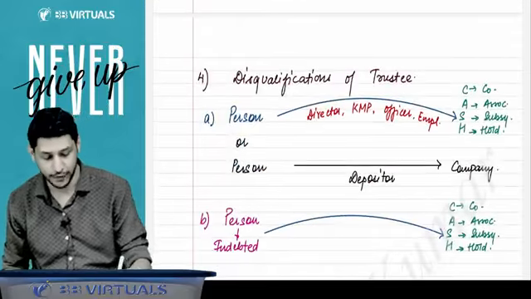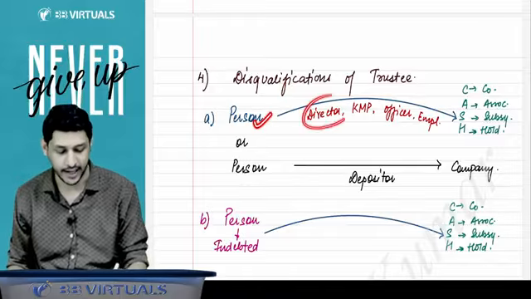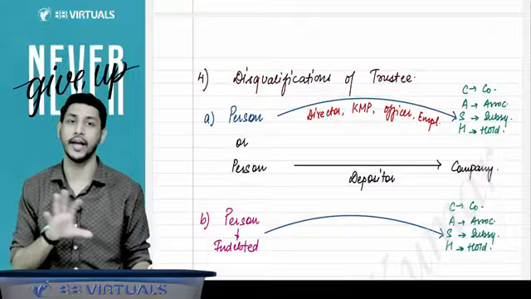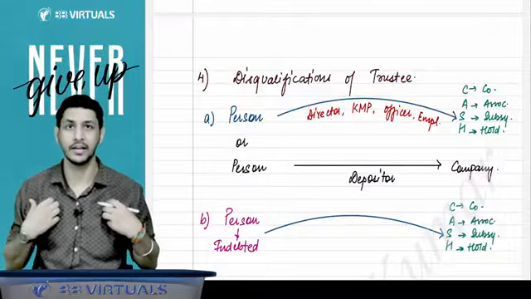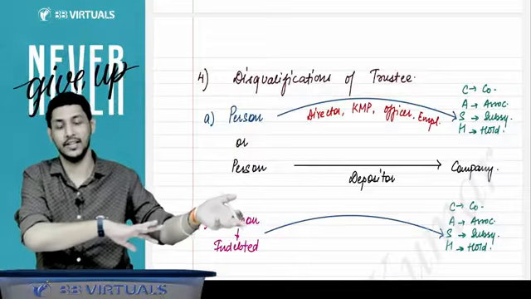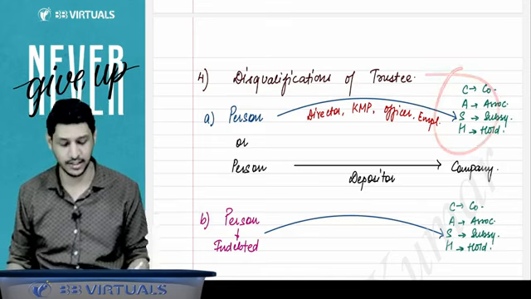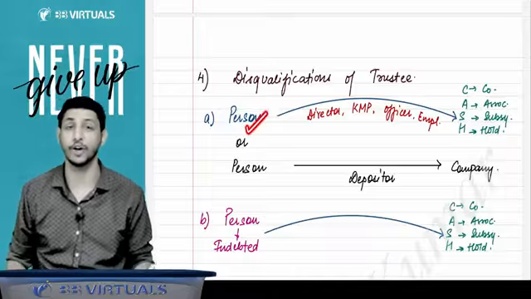Now, what are the disqualifications of a trustee? Who cannot be the trustee? If a person is a director, KMP, officer or employee in the company, in the holding company, in a subsidiary company, or in an associate company, then this person cannot be the trustee.